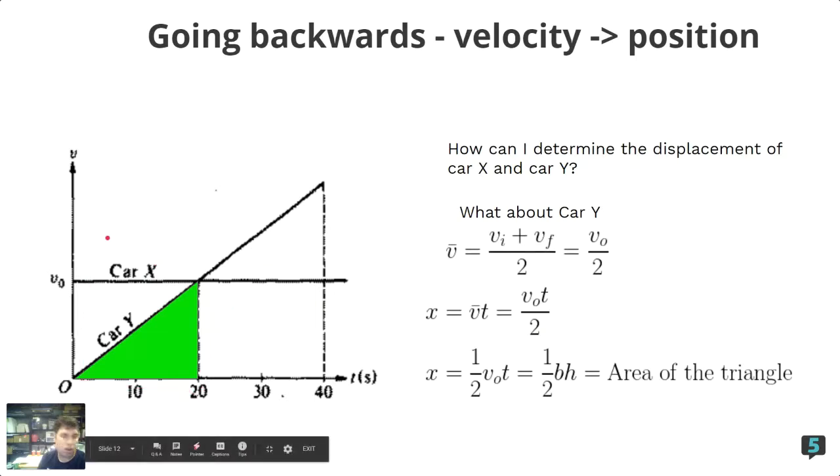It was bigger than car Y's, so of course it should be farther along than car Y, both graphically, or if you want to do it mathematically, that works too. Just using your kinematics equations, x equals x naught plus v naught t, and then average velocity is the initial plus the final over 2. Either way works for that.